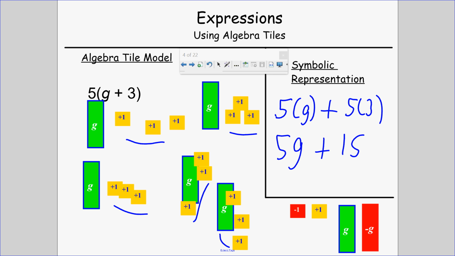Let's look at our algebra now. It's 5G's plus 15 positives. So 5 groups of the sum of G plus 3 is the same as saying 5G plus 15.